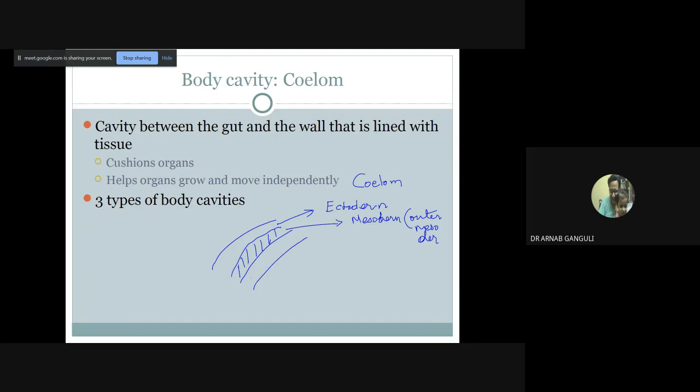Then you have a fluid filled cavity known as the coelom. Then you have another layer of cells, this is also mesoderm. This is the inner mesoderm.